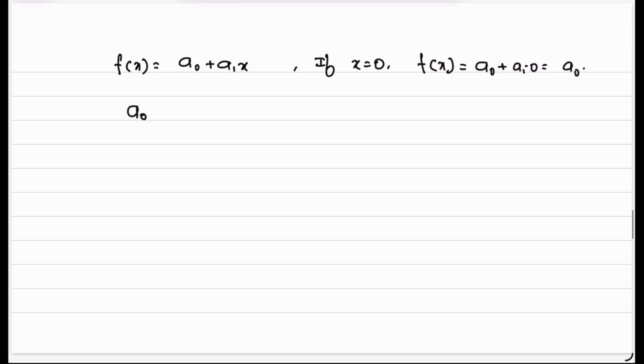That a naught is equal to the intercept, and a1 is called the slope of the straight line.